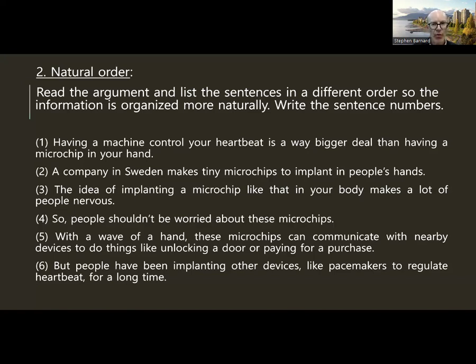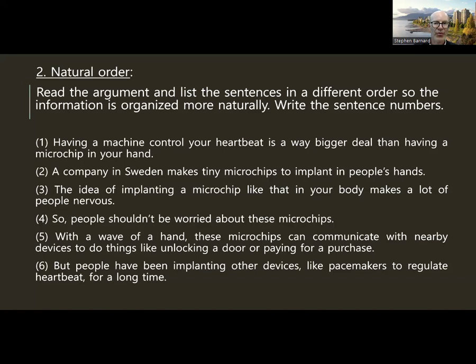Now, what do you think would be a good order for here? First, try and think, well, is there a sentence here that is giving me some sort of background? What do I need to know before I go further? And then after that, give me some details about that issue, and then lead me through to the conclusion.